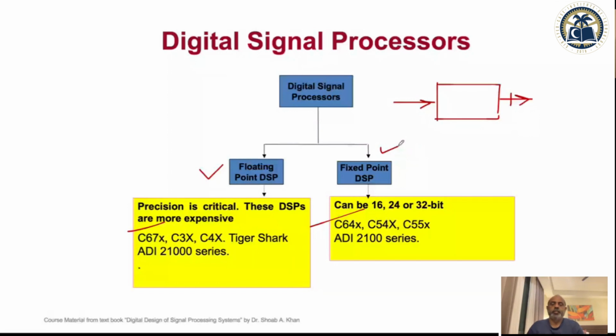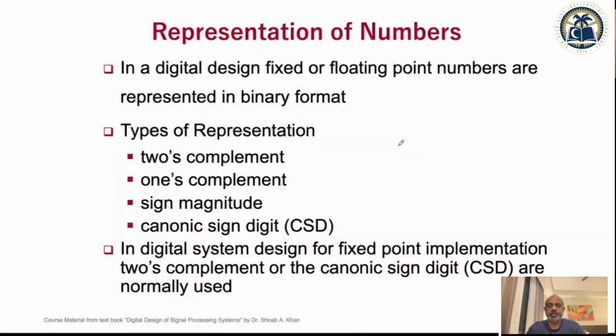Okay, to understand how the numbering works, and this you must already know, this is just a refresher: two's complement arithmetic is used in every computer that we use. There used to be, and there is, one's complement arithmetic, but usually nobody uses this.